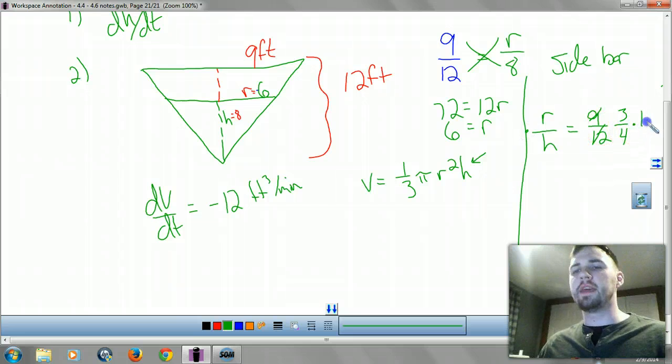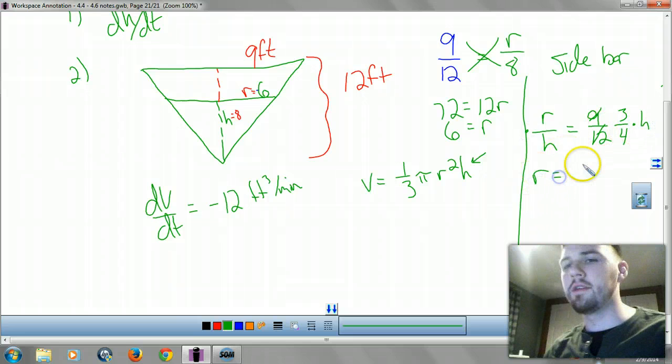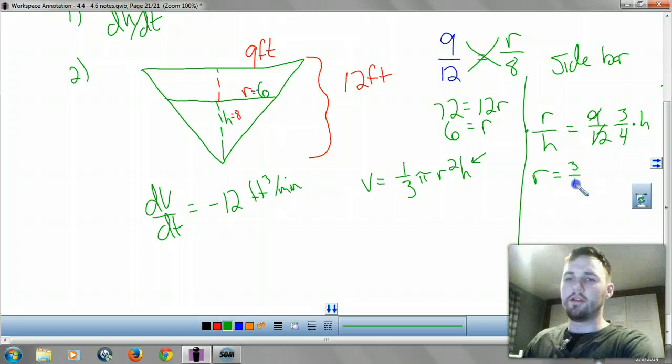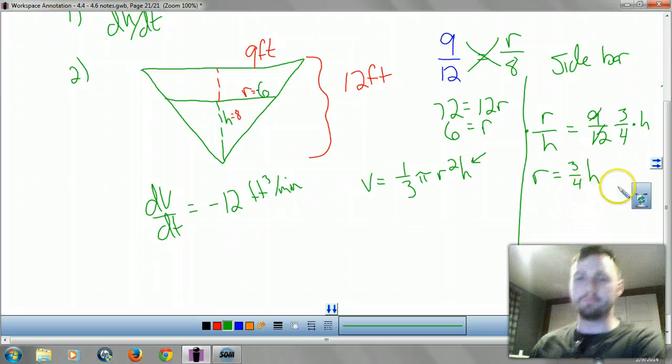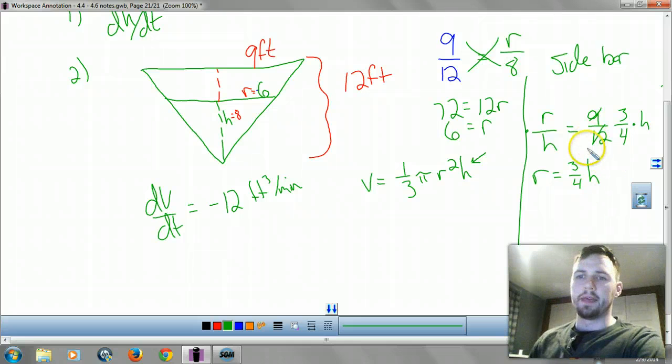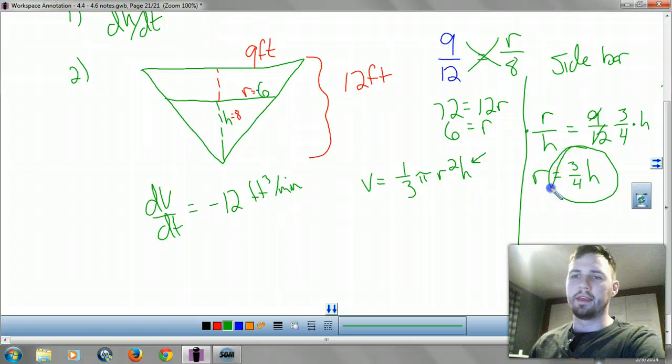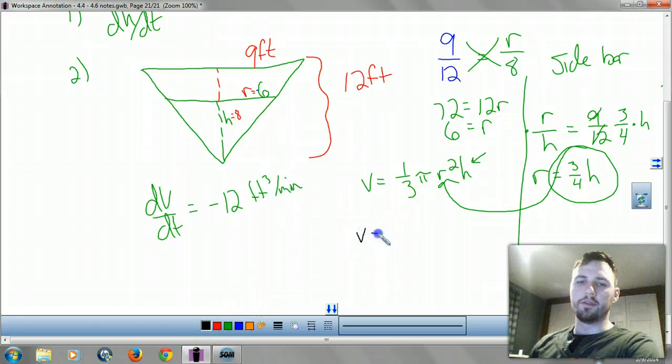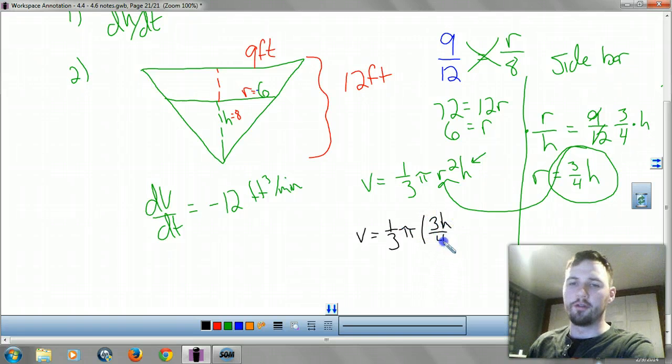And multiply both sides by h, and you get r equals 3 over 4 h. I'm going to really blow your minds here. Ready? I'm going to take this and plug it in for r. So my volume equals 1/3 pi times (3h over 4) squared times h.